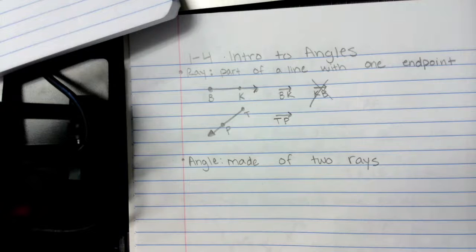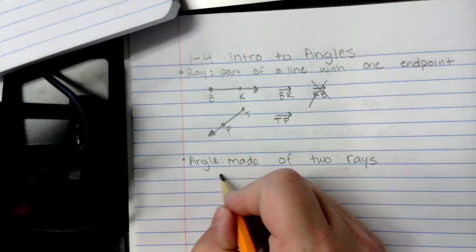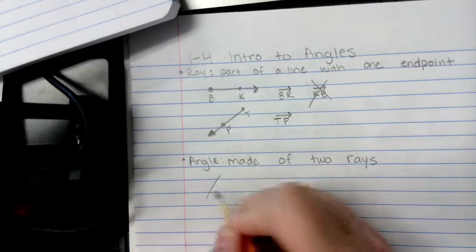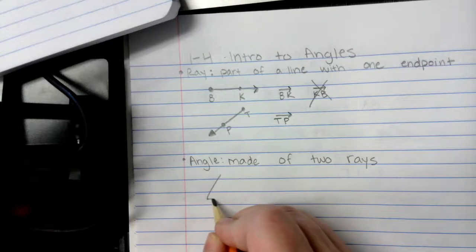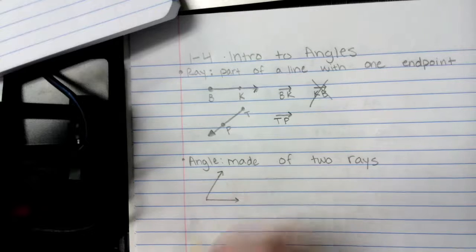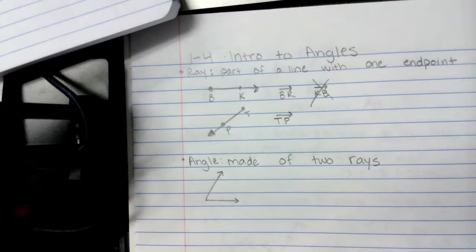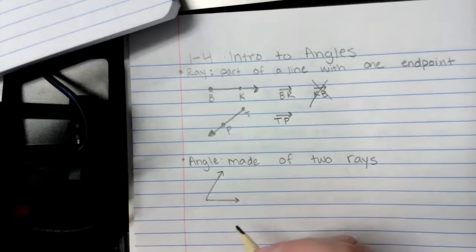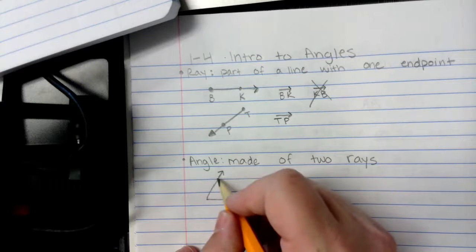Alright, I'm just going to do my basic angle that I usually do, which is probably like a 60-degree angle. So go ahead and draw an angle there. We're going to have 3 points on that angle.